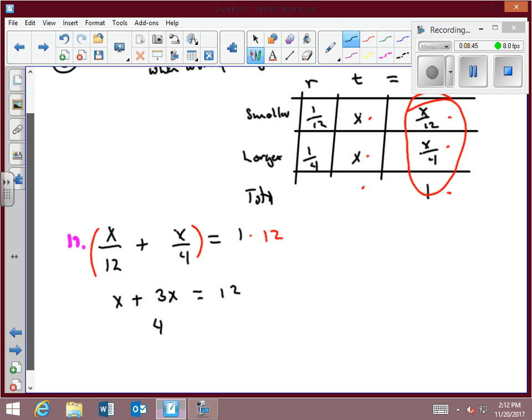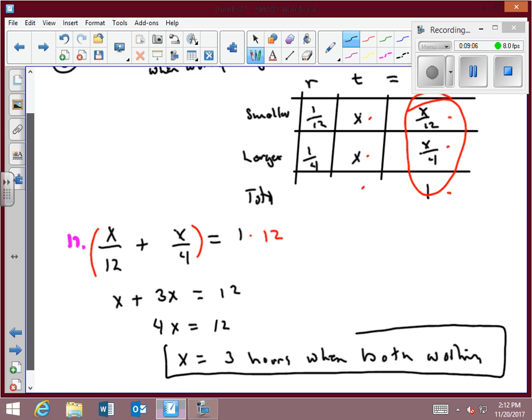So 4X equals 12, and X is going to equal 3 hours when both working. So does that make sense?